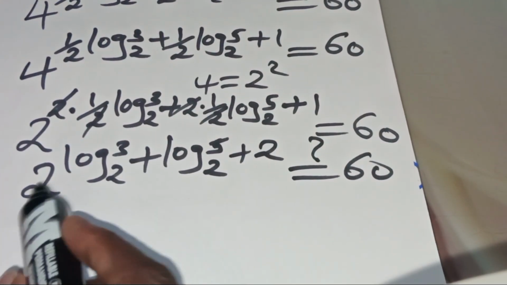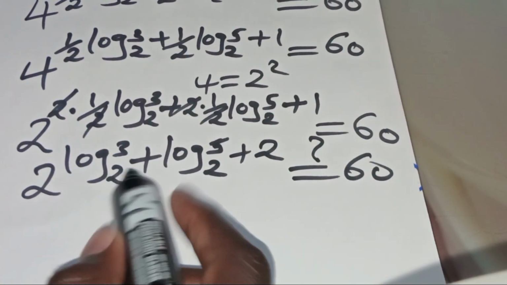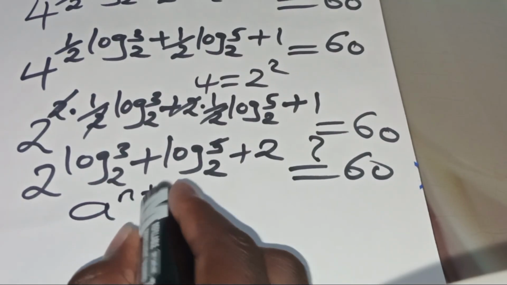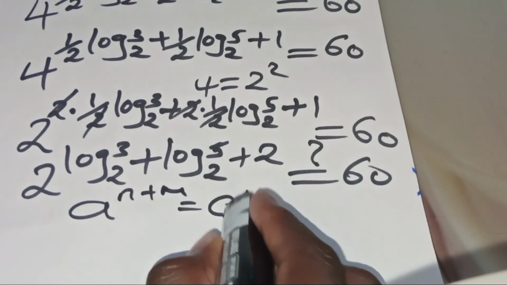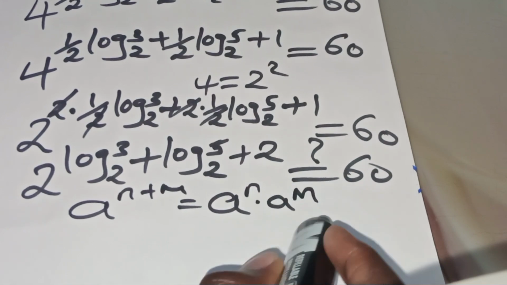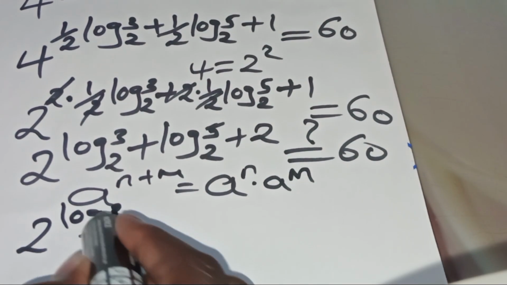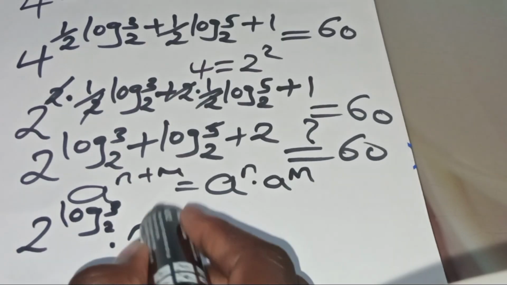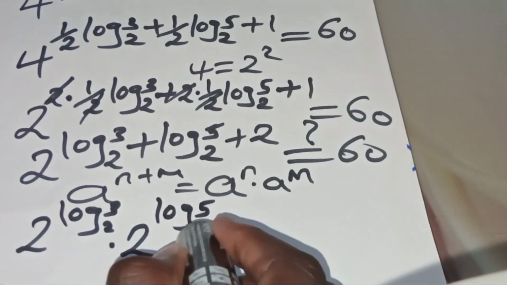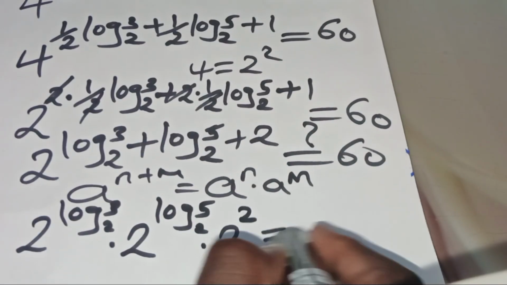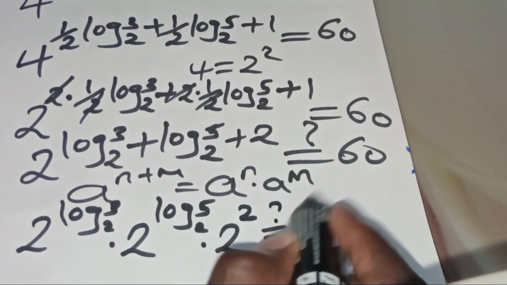Now, as you can see, 2 to power log 3 to base 2 plus log 5 to base 2 plus 2. This is in the form of 8 to power n plus m. So let's convert this to 8 to power n multiplied by 8 to power m. Let's apply this. So you'll have 2 to power log 3 to base 2 multiplied by 2 to power log 5 to base 2, okay, multiplied by 2 to power 2. This should give us a value of 60.